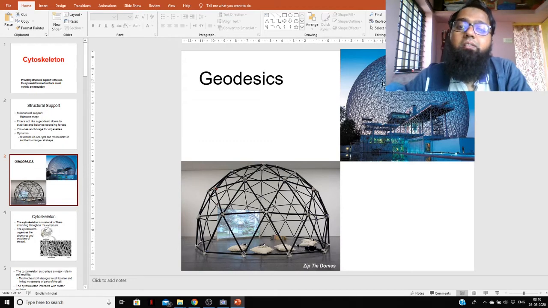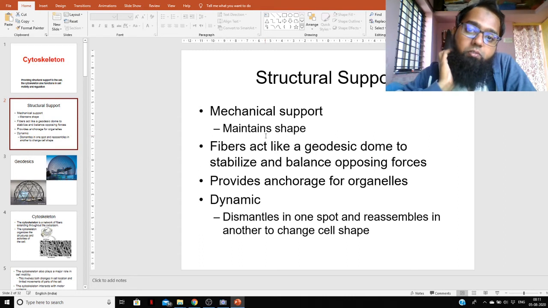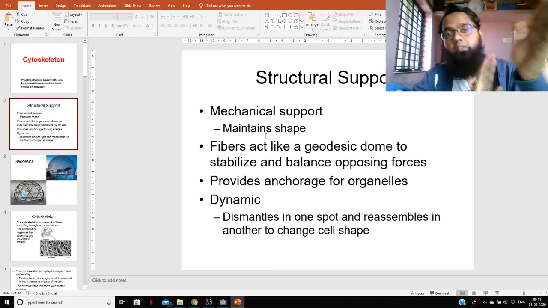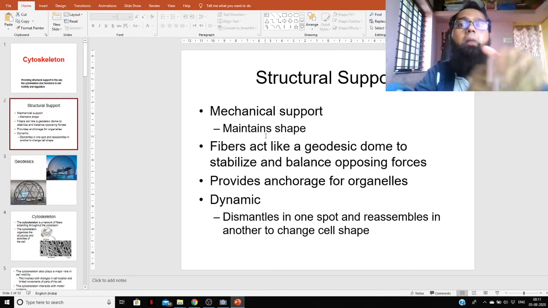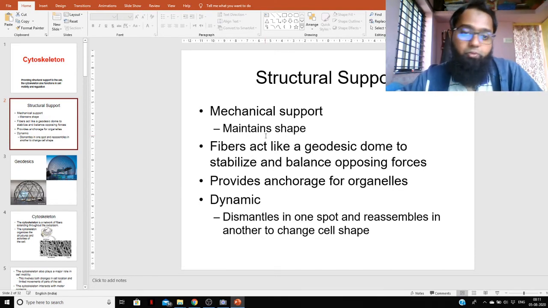If you dismantle one bar, the entire structure cannot be retained. This is what we call the basic structure of a geodesic structure. So here the cytoskeletal fibers also act as a geodesic dome, stabilizing and balancing the opposing forces. That is what I actually mean.